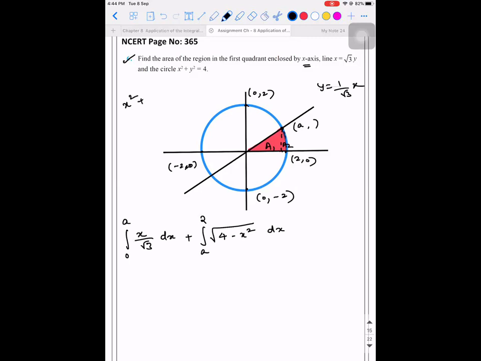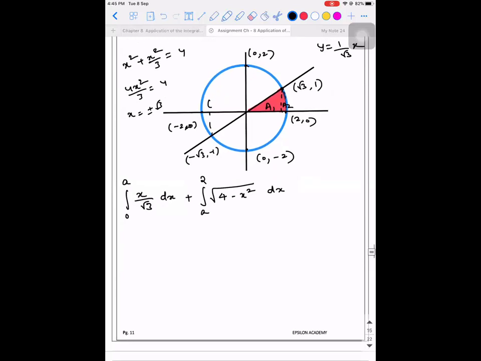So x square plus x square by 3 is equal to 4. So 4x square by 3 is equal to 4. x is equal to plus or minus root 3. So it will be root 3 comma 1, and this point will be minus root 3 comma minus 1. So what will the limits be? 0 to root 3. That's it.